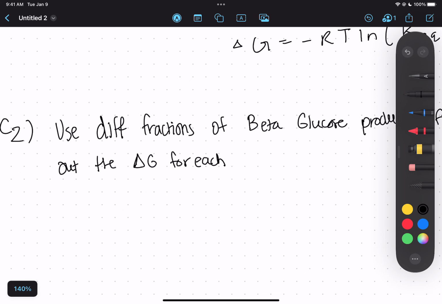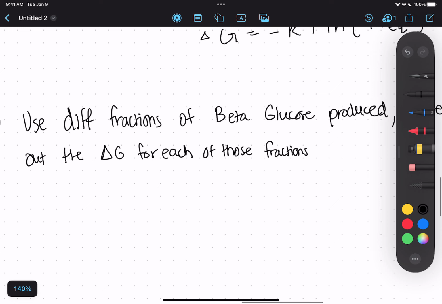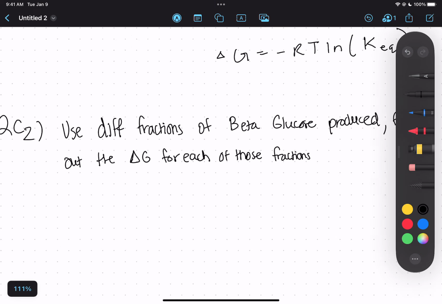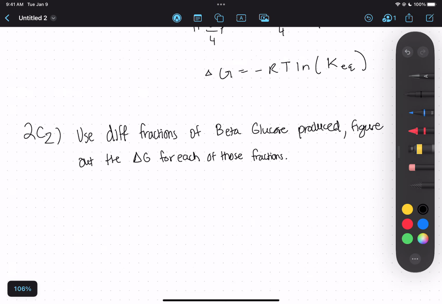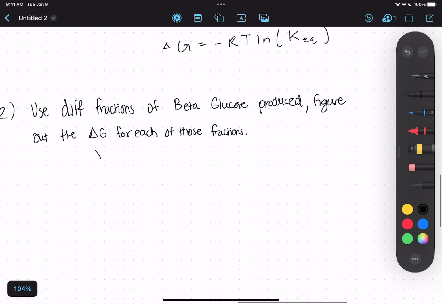But figure out the delta G for each of those fractions, and then plot those values. So your x-axis is your different fractions, and your delta G is your y-axis, right? x-axis is fractions, y-axis is delta G. And that's pretty much it for C2.